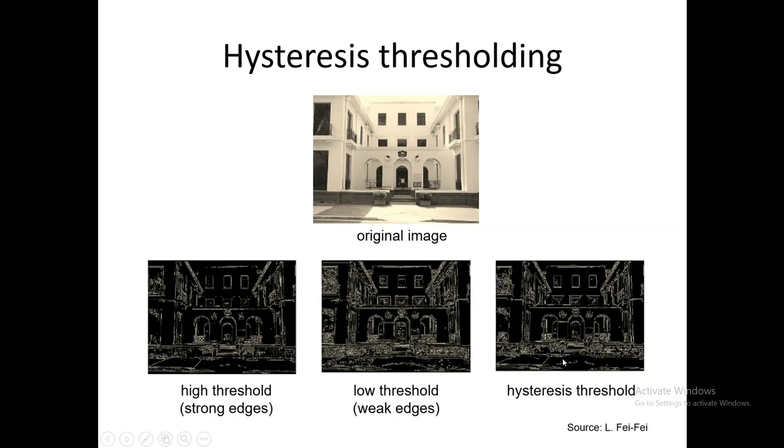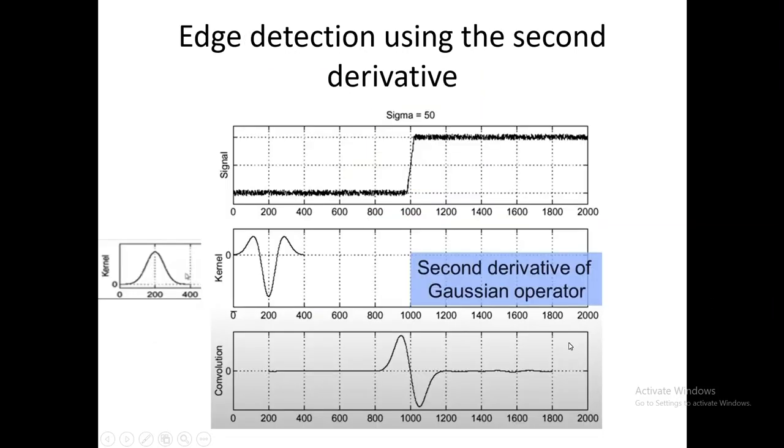And with the hysteresis threshold we get just the required details of the image. There is no more discontinuity in edges, and unnecessary details are not included in this hysteresis thresholded image.